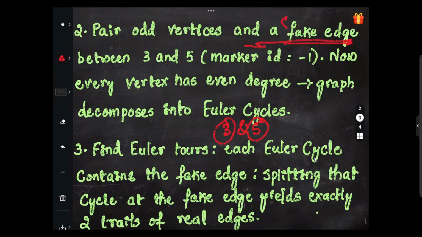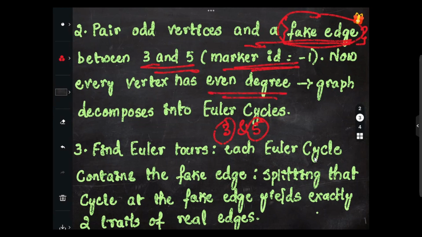We will include a fake edge between 3 and 5. Just remember this, it is very important. We'll go with a marker ID of -1 for this.